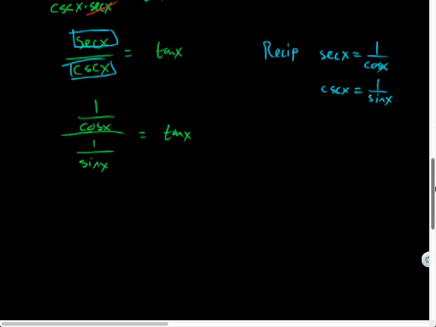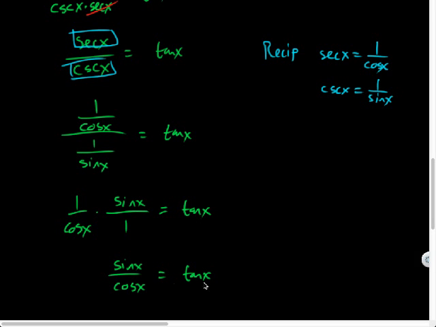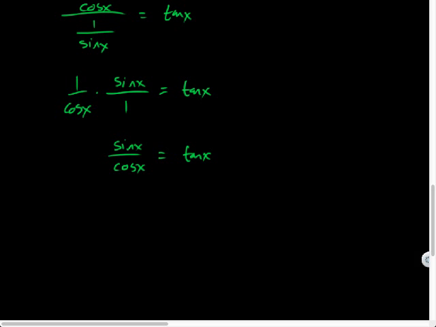And what do you guys think I should do from here? I get a stack of fractions. Multiply by the reciprocal of the denominator. Oh, guys, we're getting warmer here. Multiply across. What's the identity I'm using here? Quotient, right?